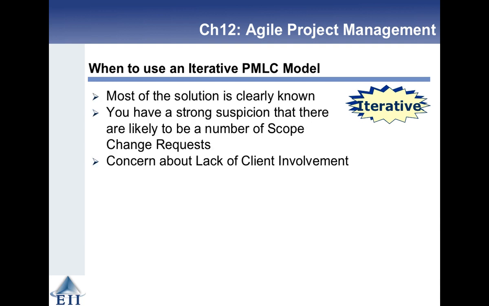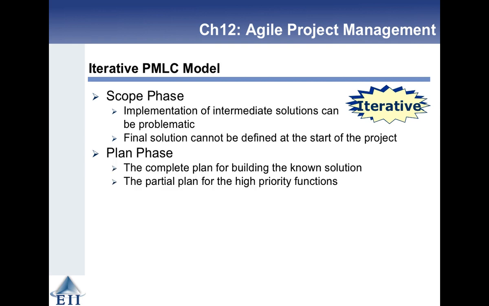So here, with the iterative model, you know most of the solution clearly. You have a strong suspicion that there are likely to be a number of scope change requests, and you might have a concern about the lack of client involvement. So when you're in the scope phase of the iterative, the implementation of intermediate solutions can be problematic, and the final solution cannot be defined at the start of the project.